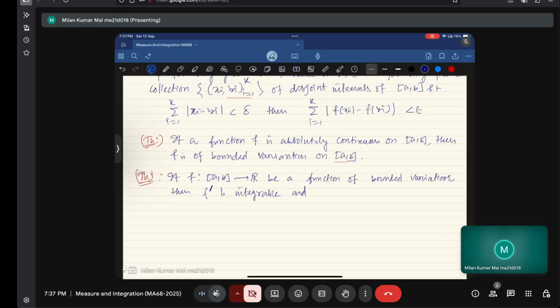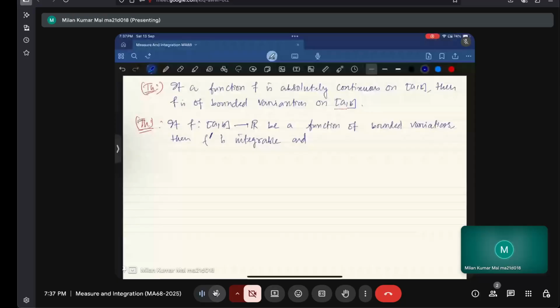Let f dash be the corresponding derivative. Moreover, f dash is integrable, and the Lebesgue integral of f dash dm1 is less than or equal to T a b, the total variation.